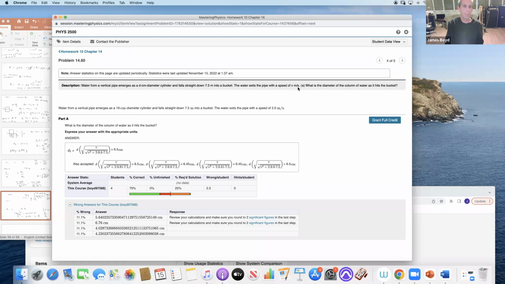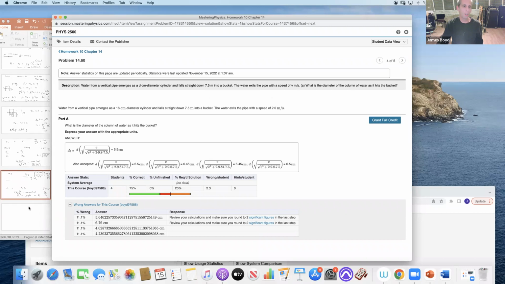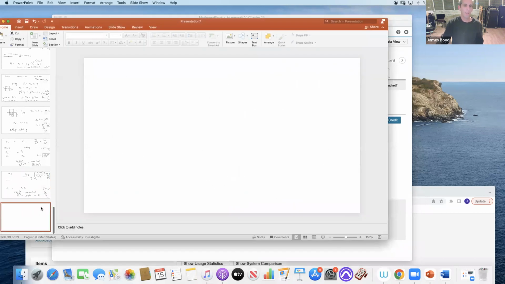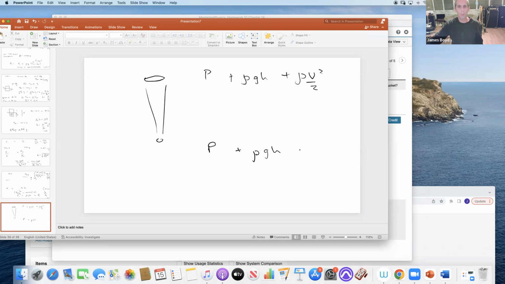Vertical pipe falls straight down into a bucket. The water exits the pipe at a speed of 2 now. It leaves here and it travels down to here. Pressure, rho gh, rho gh, rho v squared over 2 plus rho v squared over 2.